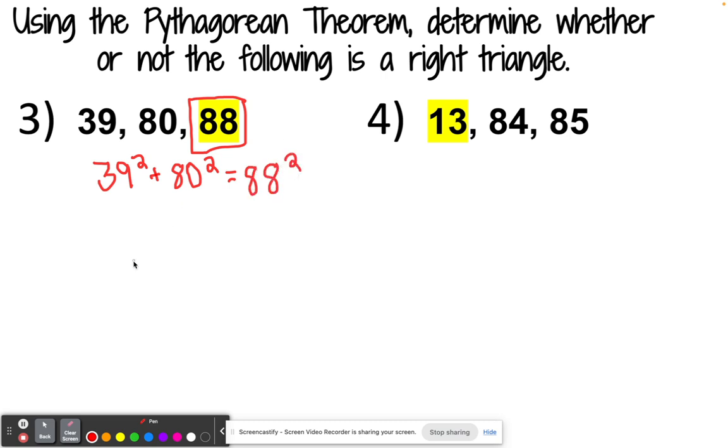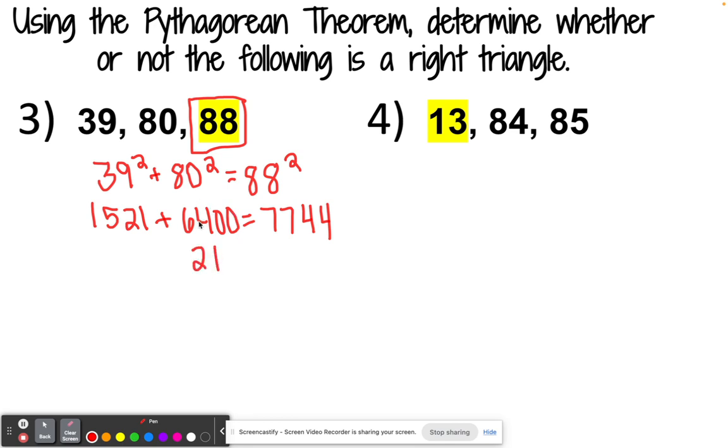Well, 39 squared is 1,521. 80 squared is 6,400. And 88 squared is 7,744. When I add these together, it's going to end in a 21.